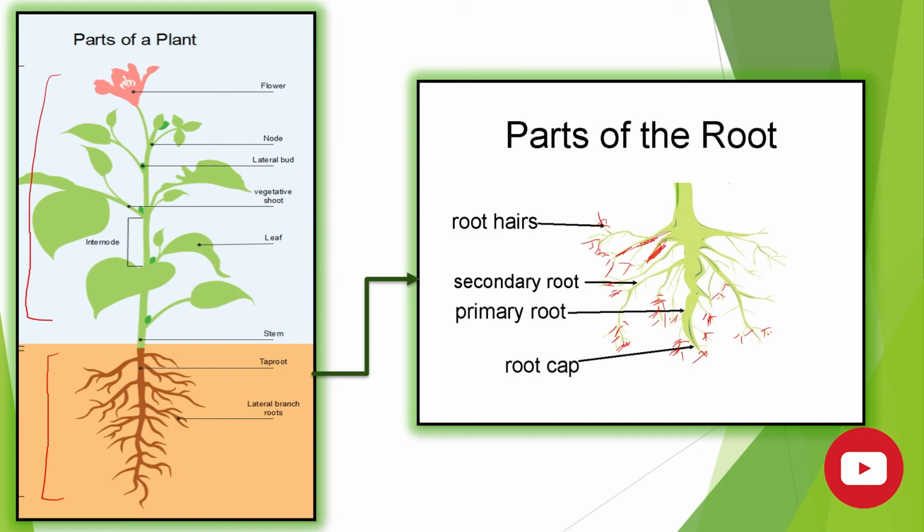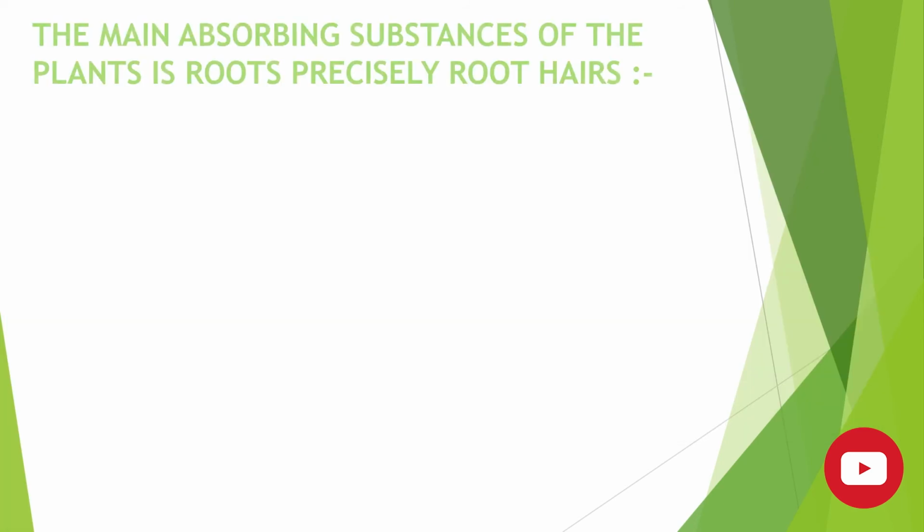By this diagram, we can conclude that the main absorbing part of the plant is the roots, and precisely the root hairs. The part of the plant which absorbs water and minerals is none other than the roots, and if we have to say it precisely, it is the root hairs.